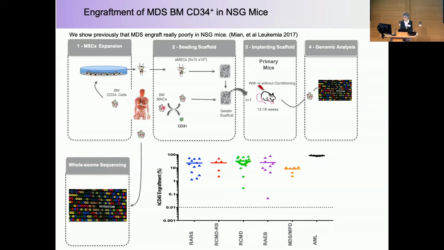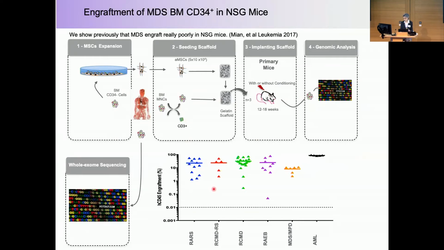And so we received MDS patients, and took the mesenchymal stromal cells from these patients, expanded them, did some sequencing before and after engraftment, and also looked at the level of engraftment of these different patients.